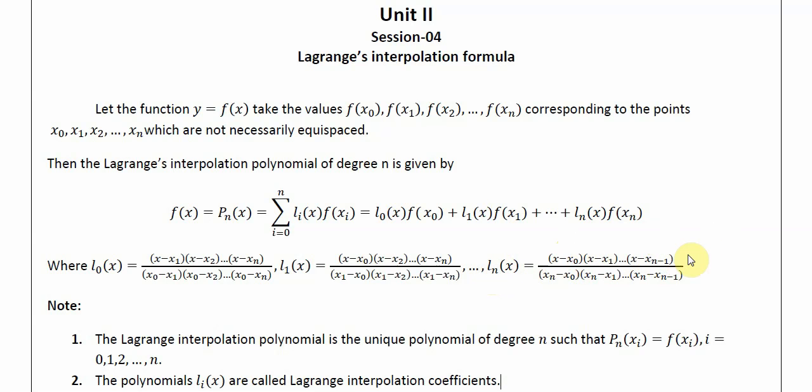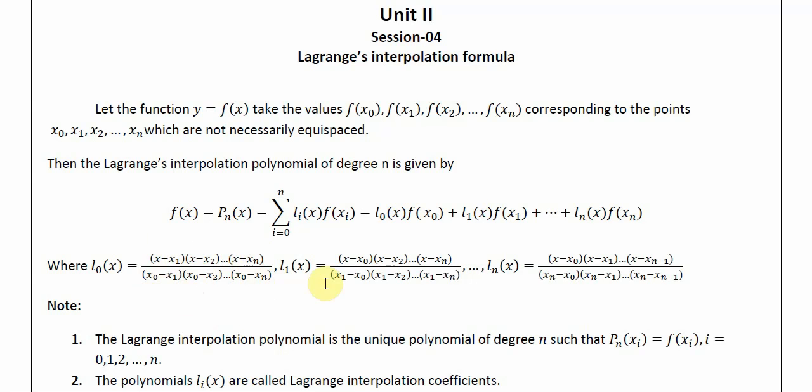Now how does the denominator come? I take this numerator and check it. For L0 the point corresponding here is x0, so in the numerator I substitute x as x0, so this becomes x0 minus x1, x0 minus x2, so on to x0 minus xn.